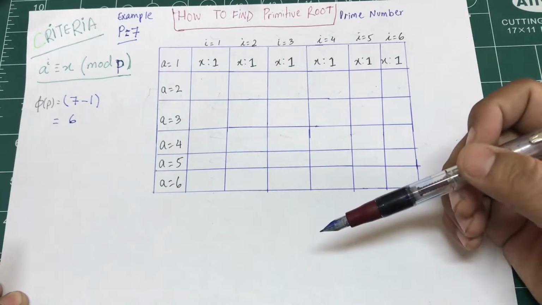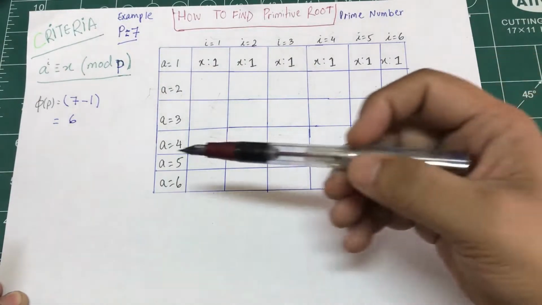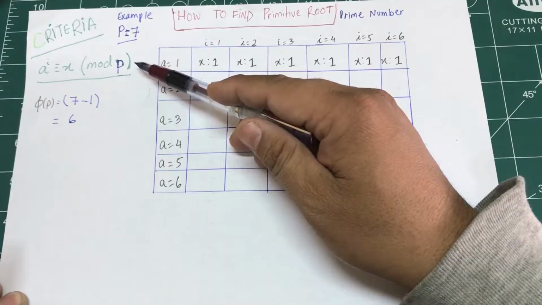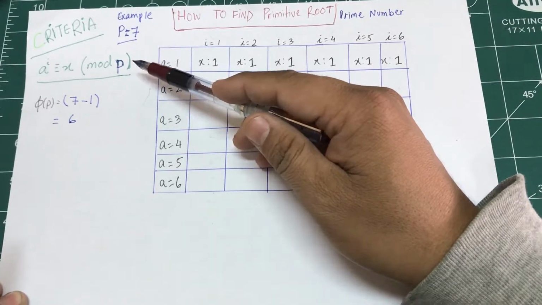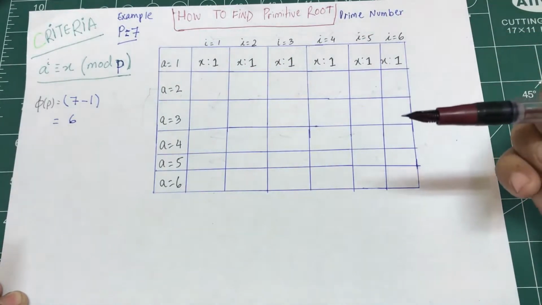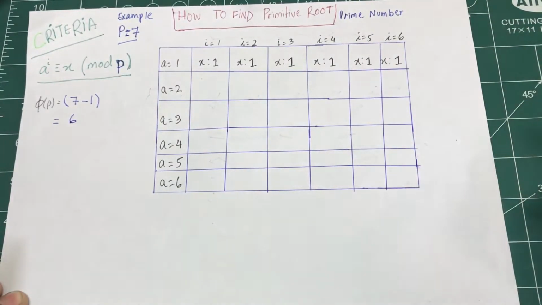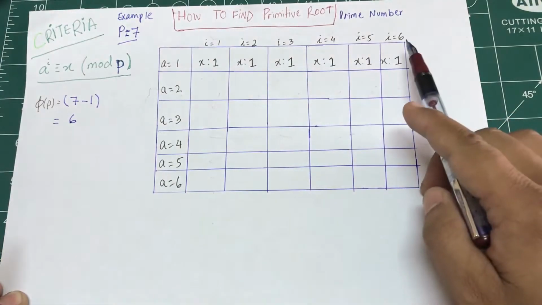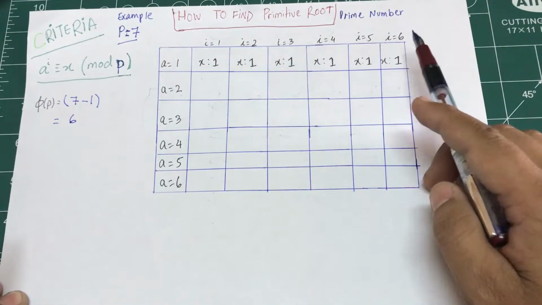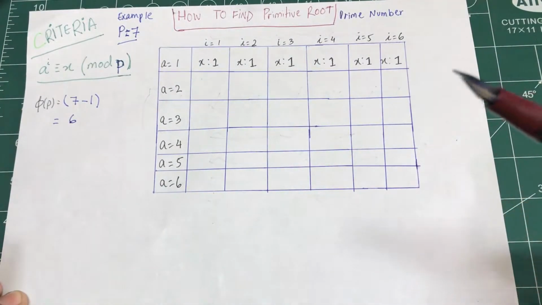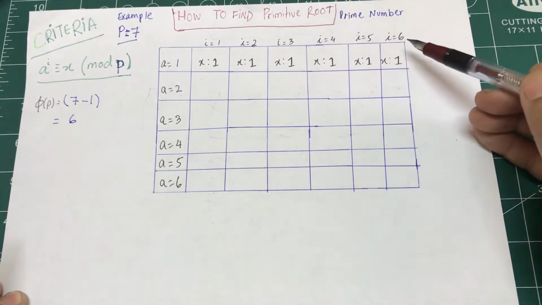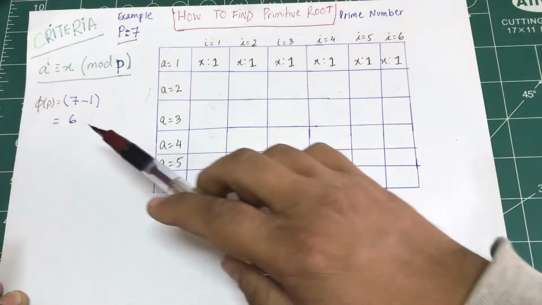To find primitive roots, we continuously check this criteria. Primitive roots are those specific numbers that generate the entire sequence up till the Euler totient function.